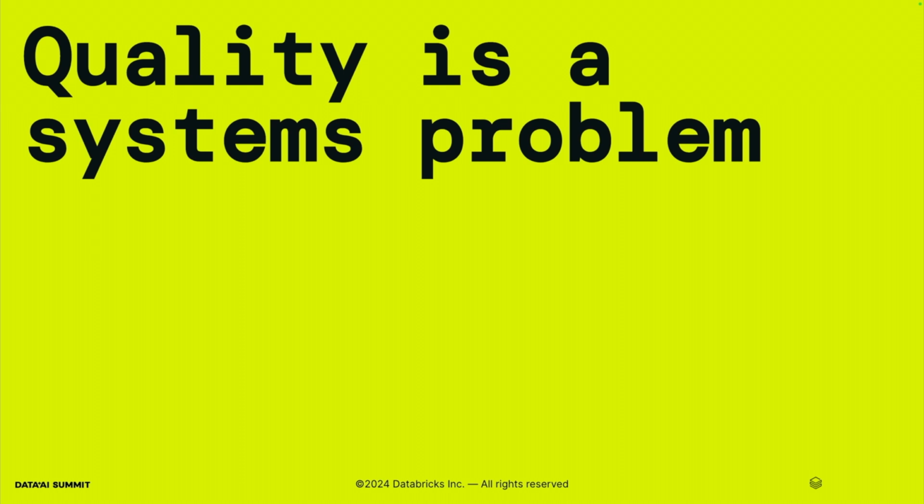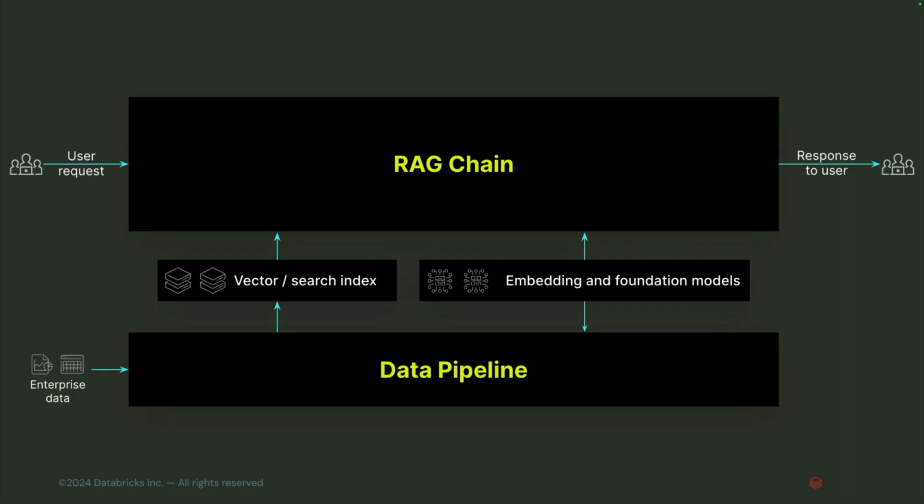To show you why this is the case, let's deep dive a little bit into what a RAG application looks like, as one example of a compound AI system. What we're seeing here is a fairly high-level overview of what a RAG application could look like. Obviously, there are various ways you could go about implementing a RAG application, but for the purposes of example, let's assume this is a customer service chatbot, and you have a set of PDF documents that contain proprietary internal documents.